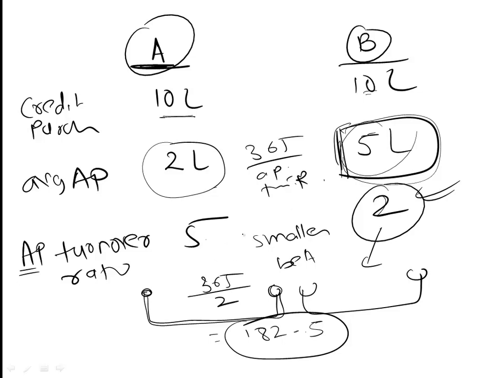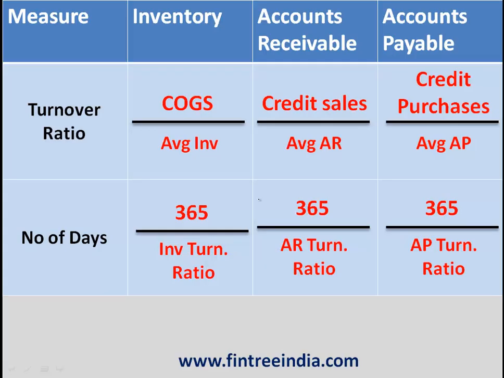So now let's summarize the whole thing again, and now you would see a simple technique to remember all of them: with turnover ratios the numerator is always sales or sales equivalent. So in case of inventory, what we saw is that the store had, let's say, sold 1000 units during the year, and on an average it had 200 units.